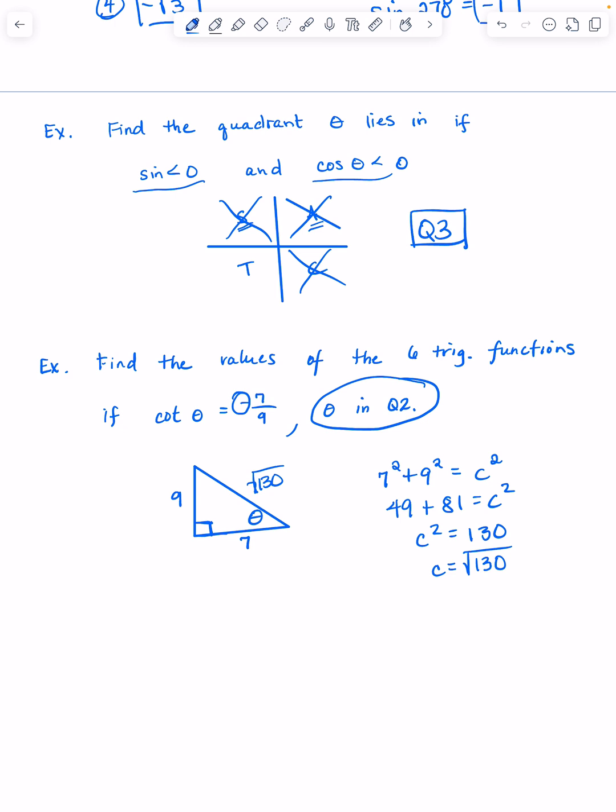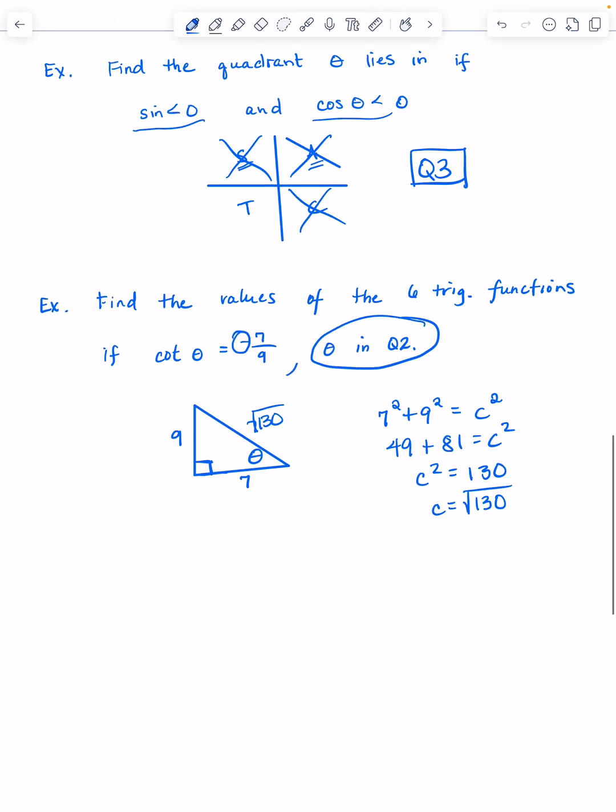All right, so let's find all 6 trig functions. We've got the sine of theta is opposite over hypotenuse. I'm in quadrant 2, so sine of theta is positive. All right, I've got cosine of theta is adjacent over the hypotenuse.